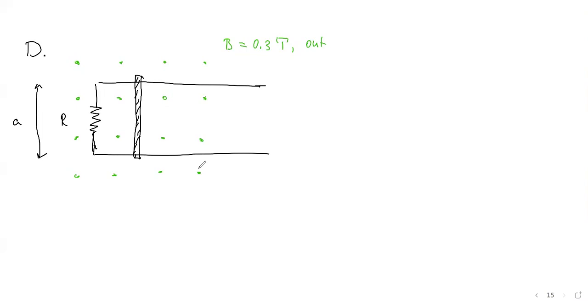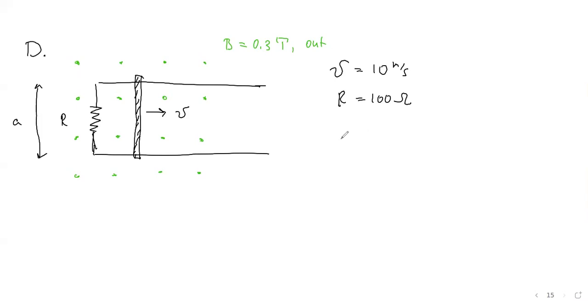Can you see this? And I will take this bar and I will move it by my hands, at constant speed. So either to the left or to the right. V. So let's say I'm going to move it at 10 meters per second. The resistance is 100 ohm. The magnetic field is 0.3.